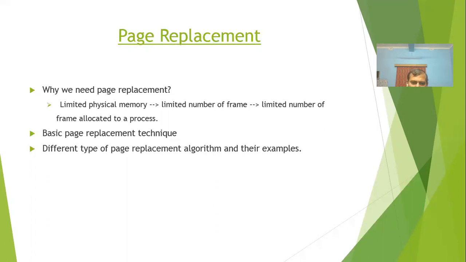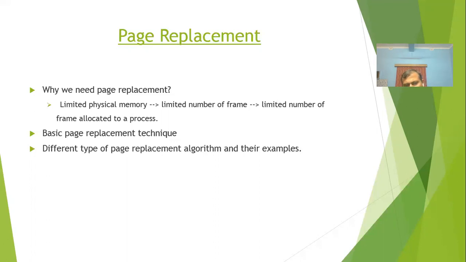Say, for example, if a process requires maximum 10 frames, it can be started with only 5 frames at its disposal. That means the other remaining 5 frames can be used for another process.